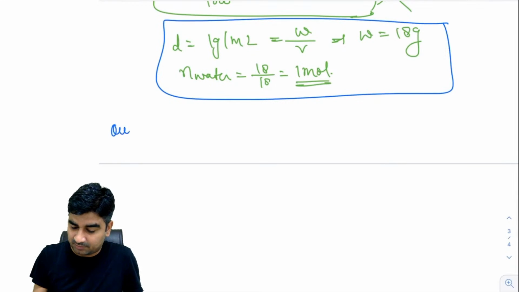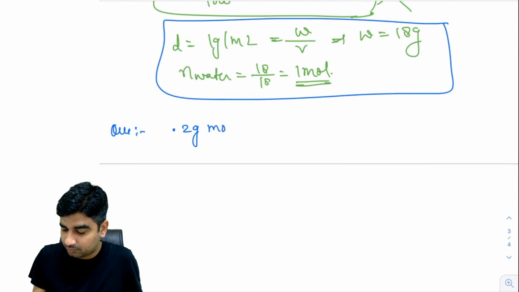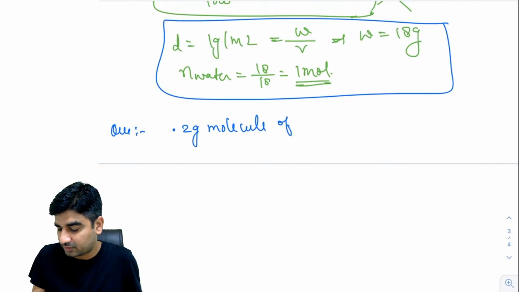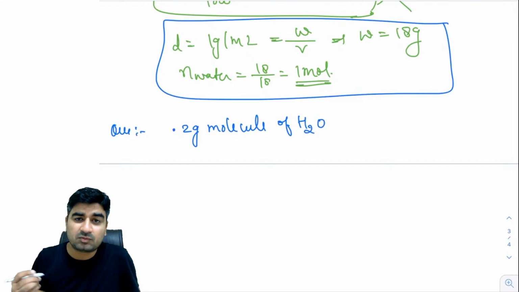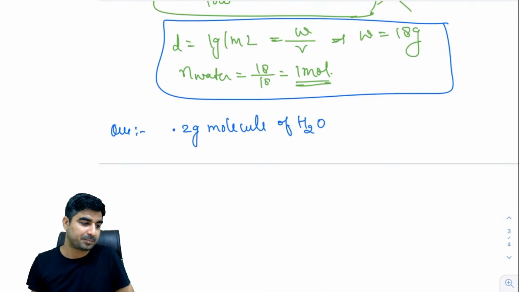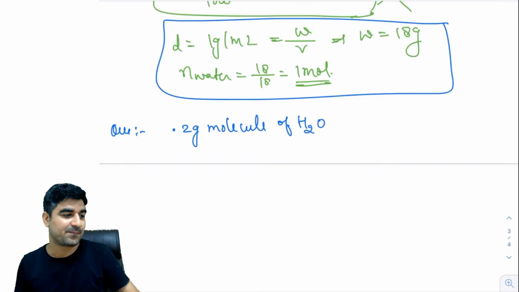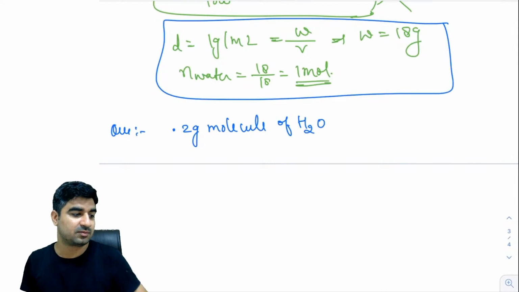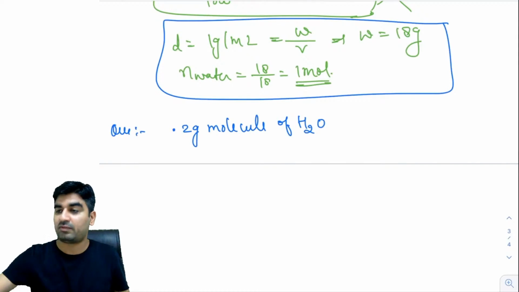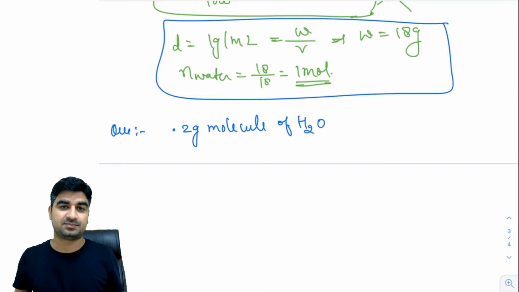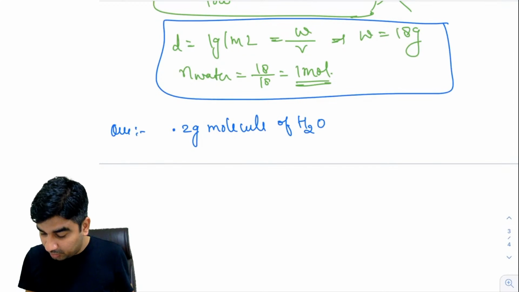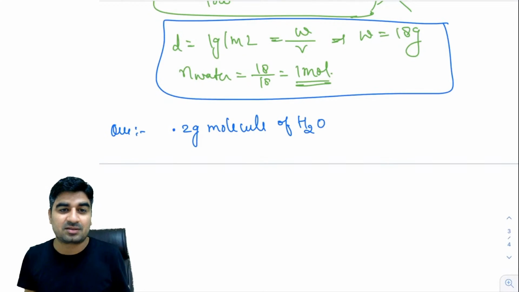And there are two more terms, like if I write 0.2 gram molecule of H2S, then what does it mean? Yes, Somil, you are right. If I write 0.2 gram molecule of H2O, what does it mean? Actually, gram molecule is not mass.